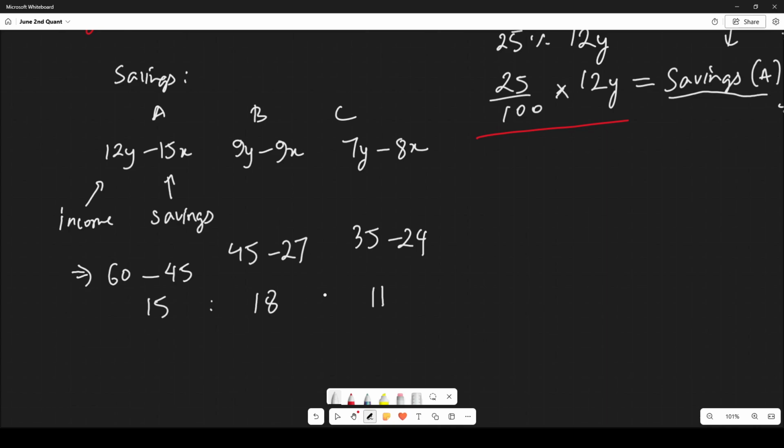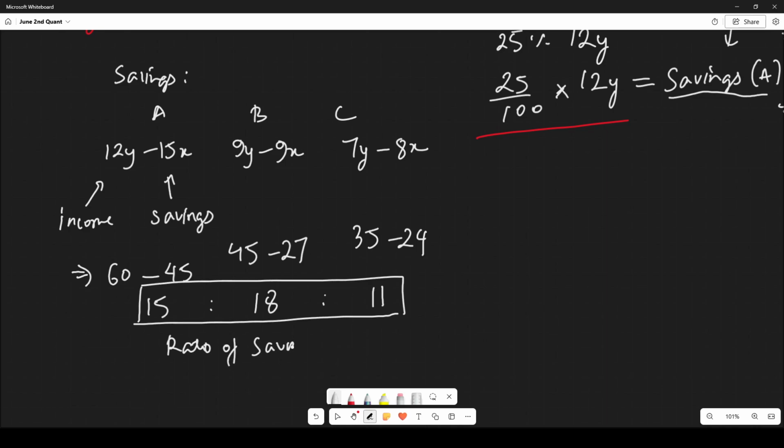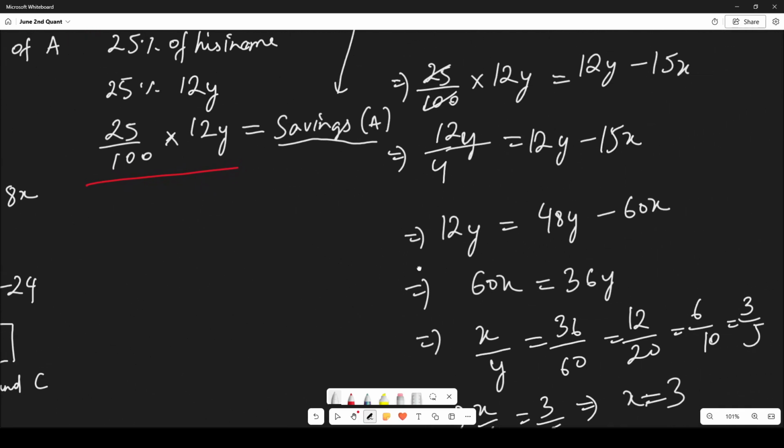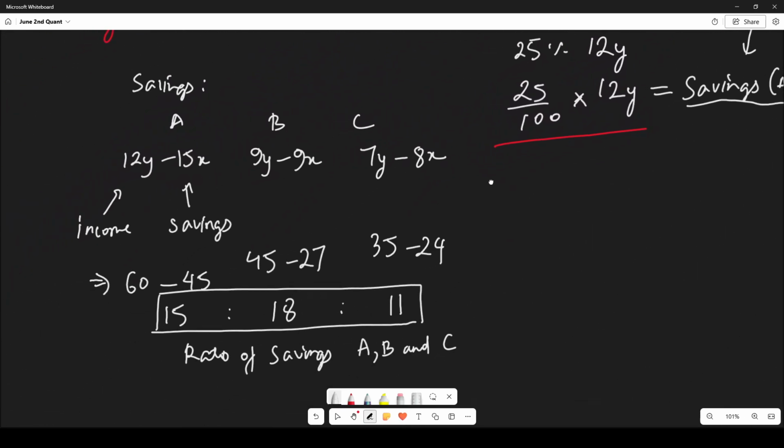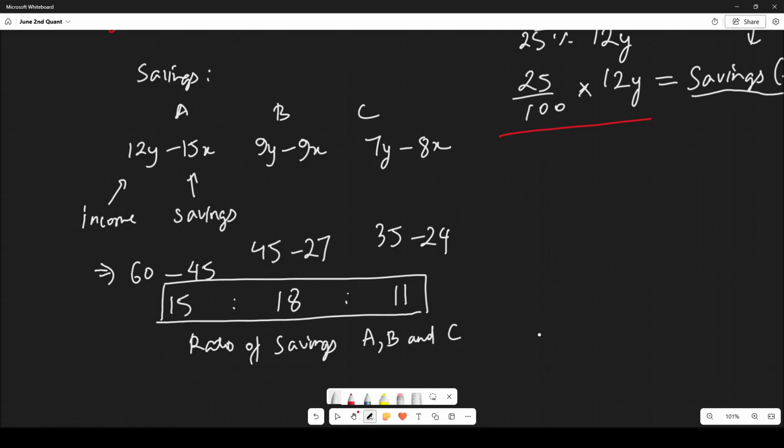So 15 is to 18 is to 11 is our answer, the ratio of the savings made by A, B, and C. I hope you learned something new. Go through the problem if you face any difficulties, and see you in the next problem tomorrow.